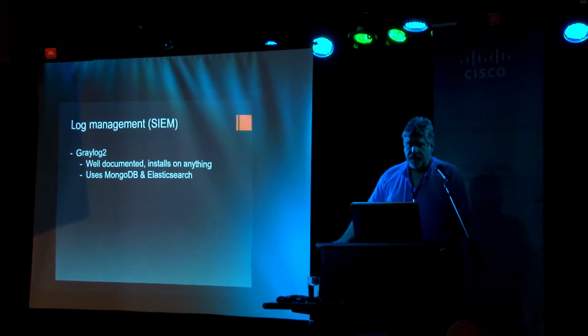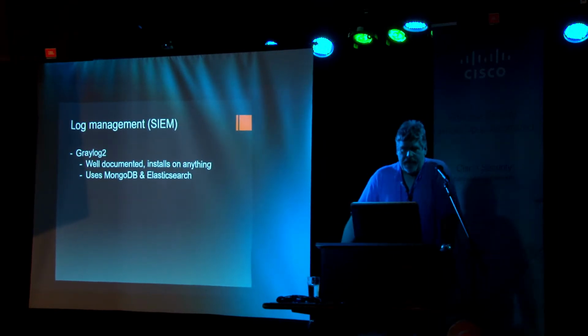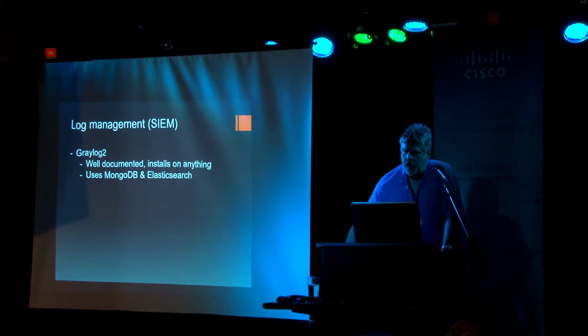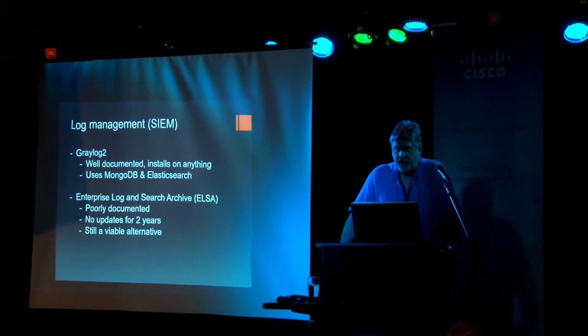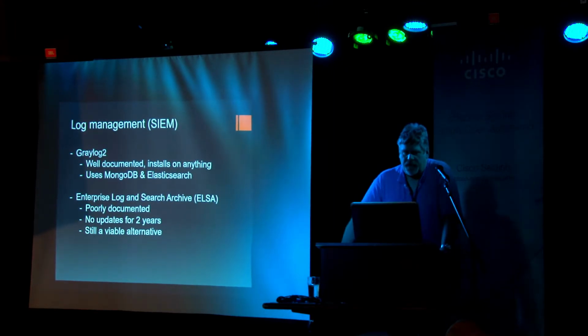It does use the Mongo database, so if you're familiar with how that's gone over the past 6 months, great, use Graylog 2, change your Mongo database password, and you'll be fine. And another one is the Enterprise Log and Search Archive. This one's not as well documented. It hasn't been updated in a while, but it is still a viable alternative.